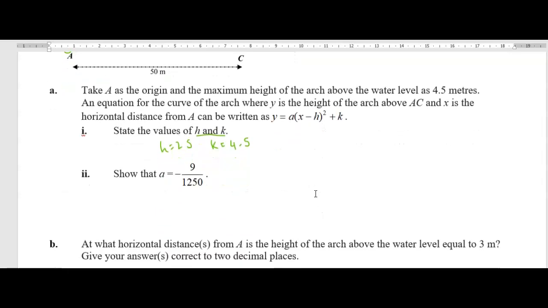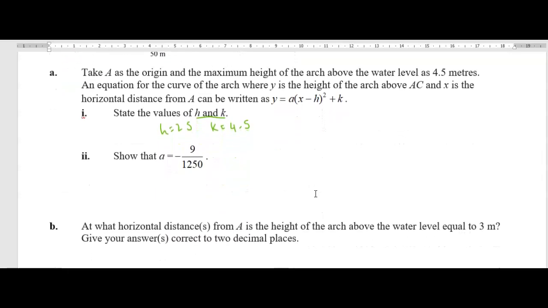Show that A equals negative 9 on 1,250. So with our turning point form here, for a show that question, don't go substituting the answer in here. The reason you're given the answer is so you can use it later on. So we have to show how we can get that answer. Let's write our equation. y equals A(x minus h), so (x minus 25) squared plus 4.5.